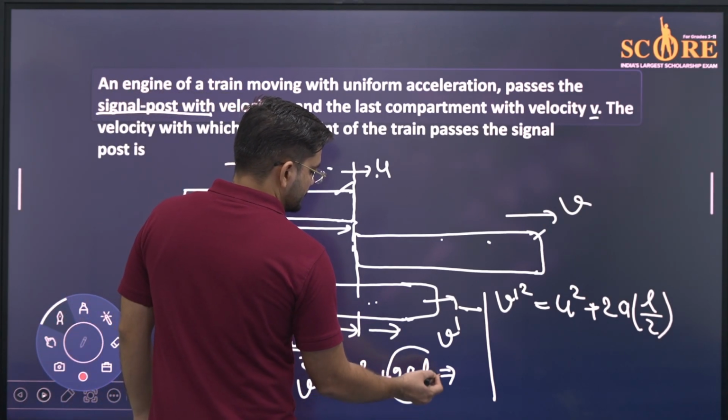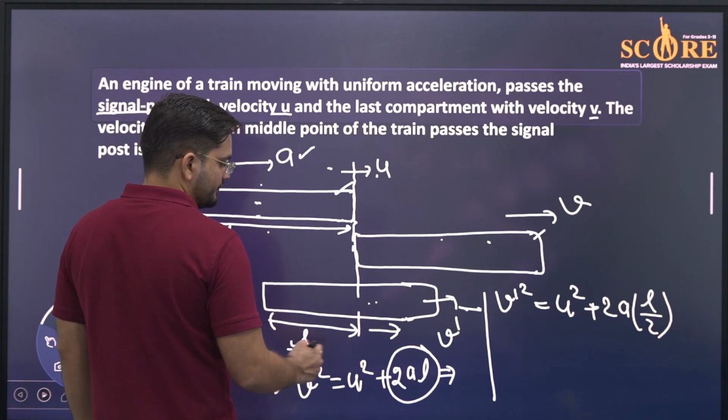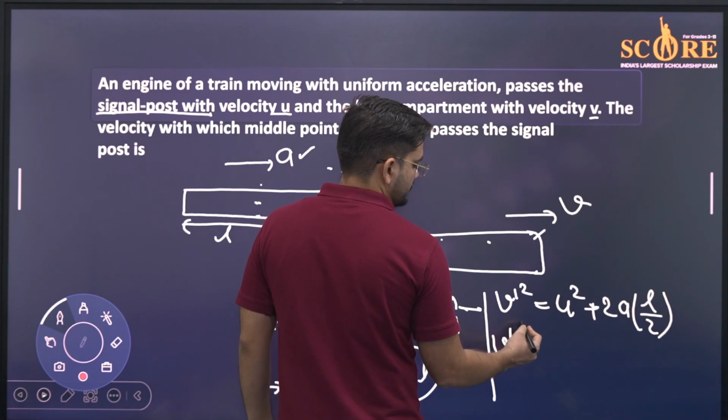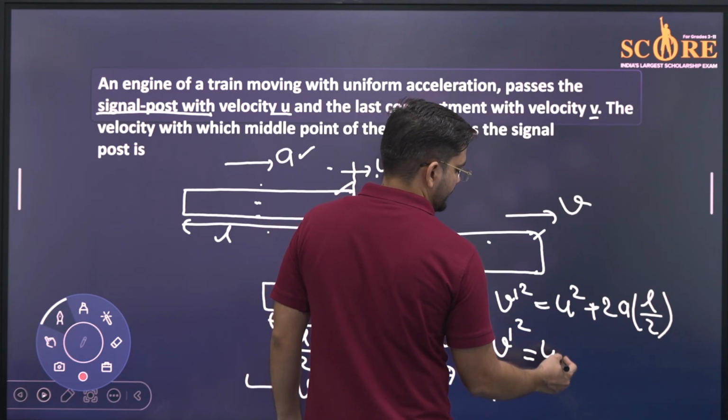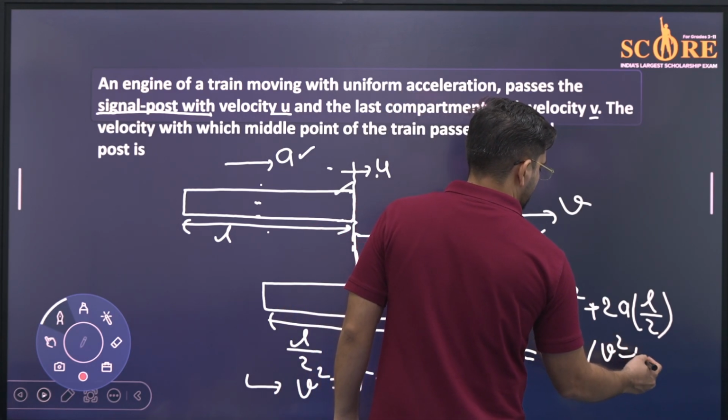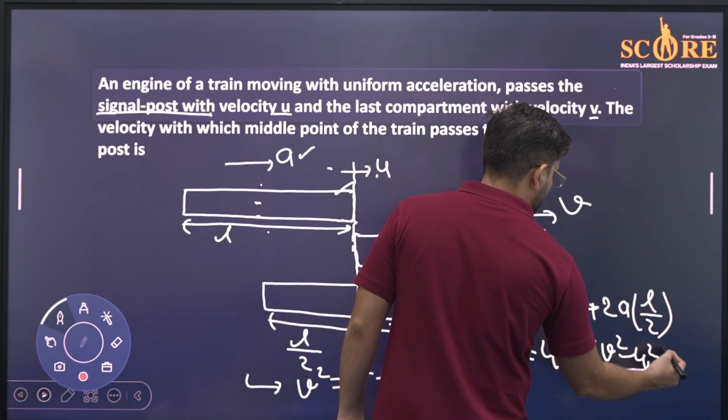If we replace 2aL from this equation into this equation, then v dash square will be u square plus v square minus u square divided by 2.